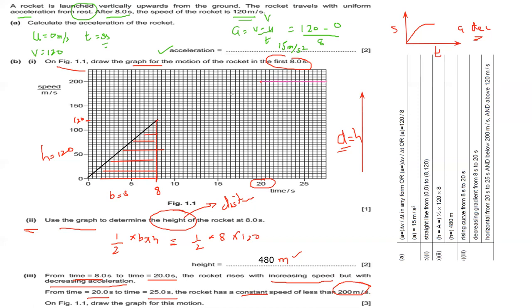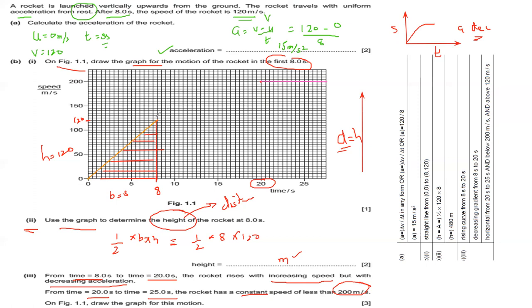So what about this section? How will I complete this section? In this section, I have to show that acceleration is decreasing. And how can I show acceleration is decreasing? To represent that the acceleration is decreasing, first it was a constant gradient here, and then there's a decrease in acceleration.